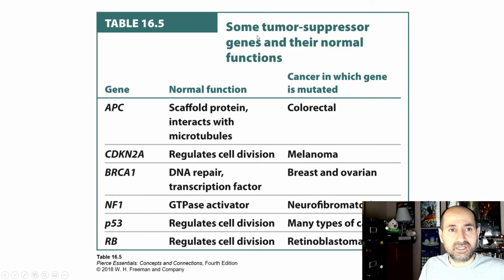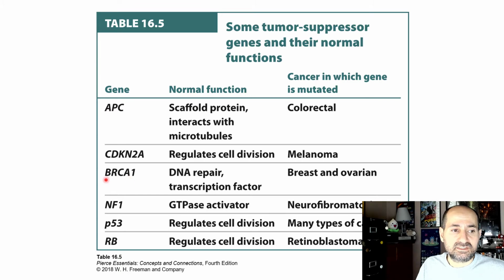Okay, so you can see here, these are examples of tumor suppressor genes and their normal function. So the biggest one is P53. You may have heard of P53. Its normal job is to regulate cell division, right? But if you mutate both copies of P53, that's found in many, many different kinds of cancers. And another famous one is BRCA1.